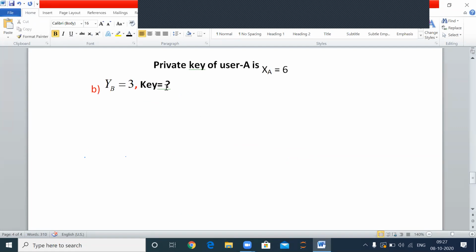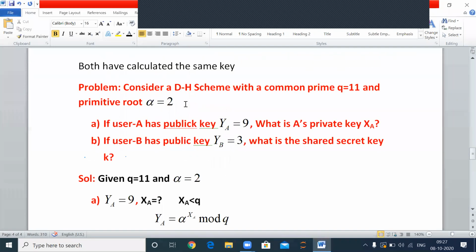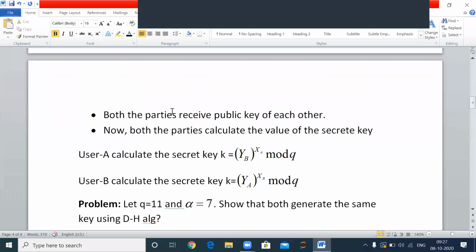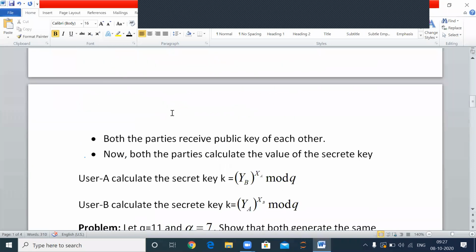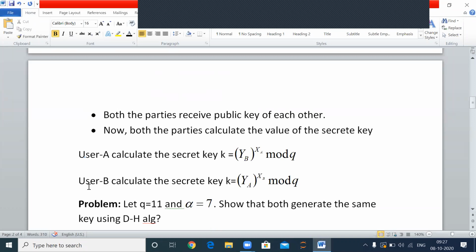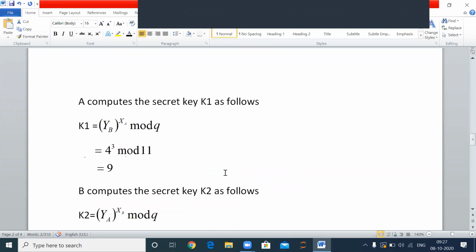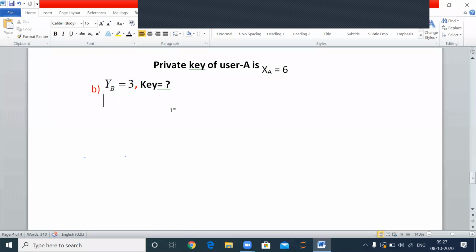Do you know how to calculate the secret key of user B? User B can calculate the secret key using this formula, just by substituting the value.